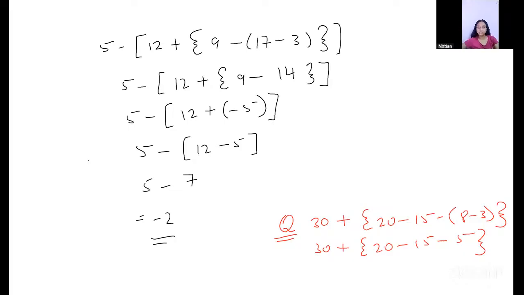And after that I did the curly bracket with 20 minus 15 minus 5.